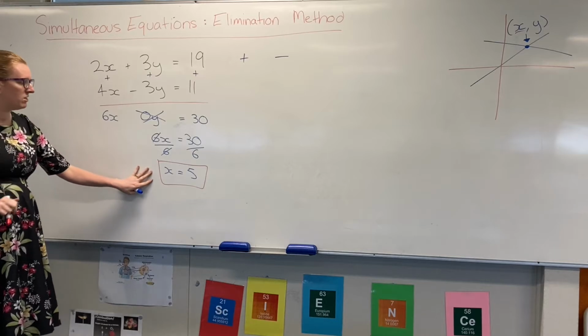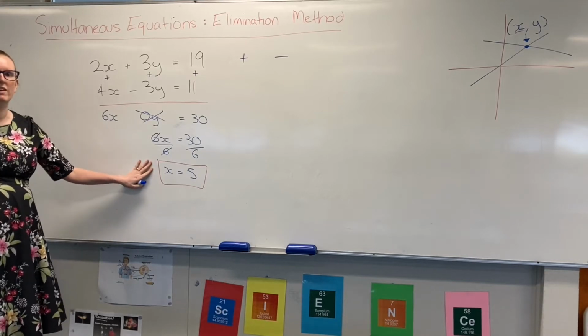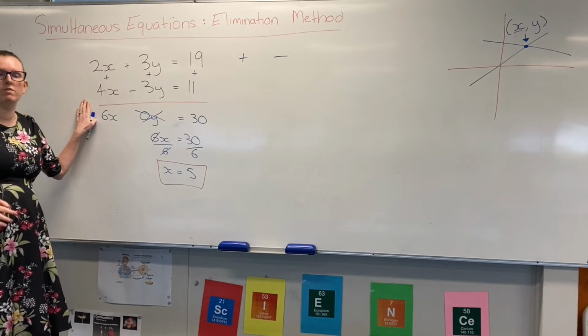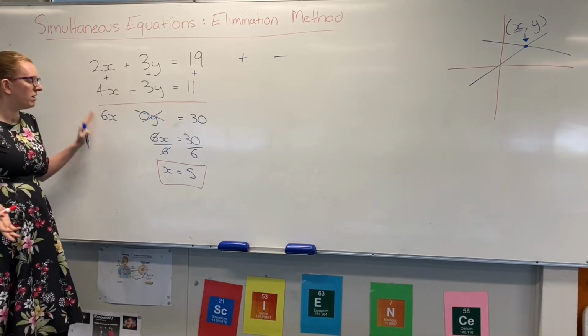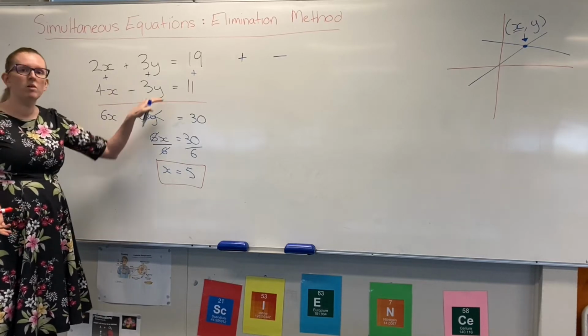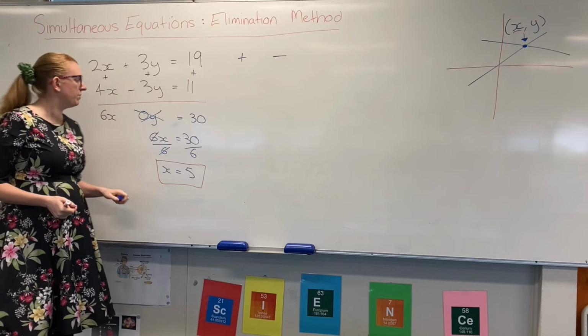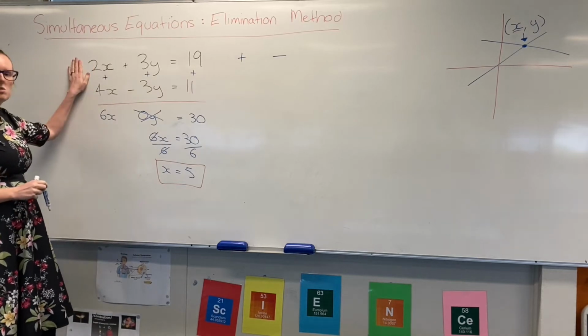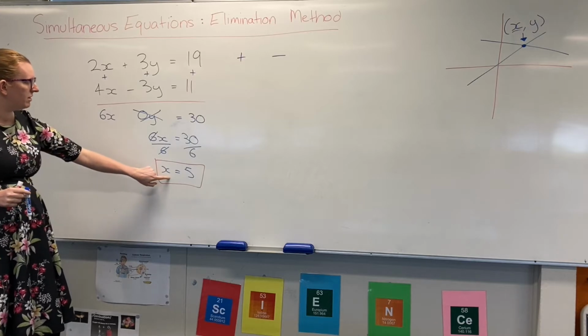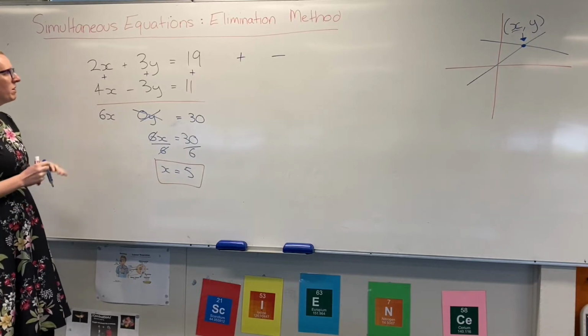So now what I need to do, now that I've got my x value, I'm going to pick either this one or this one, whichever one really floats my boat, and I'm going to sub this x value in the place of the x, and that will help me find the value of y. Okay, so I'm feeling this one. I think I'm going to go with this one. So I'm going to sub x equals 5 into my first equation.